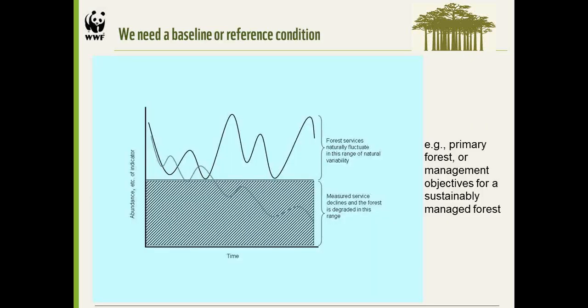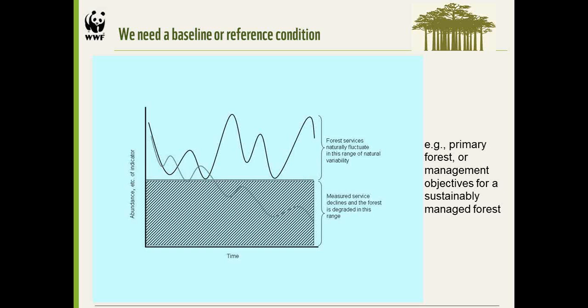So we also need a baseline or a reference condition against which to measure our indicators to suggest whether or not the forest is being degraded or not. And so in this graph, the upper line shows kind of a natural range of variation. And so in any given year, because weather changes and so on, there are variations in the production of goods and services from a forest.